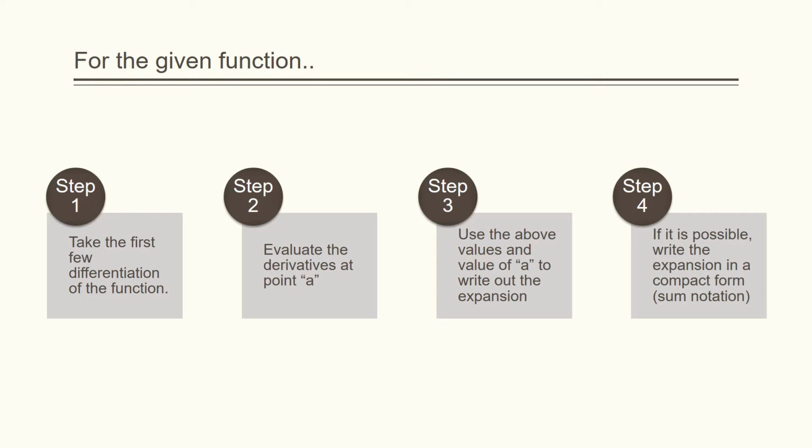Depending on what a is, the factorial and square will be different, so it won't always be x squared over 2 factorial, etc.